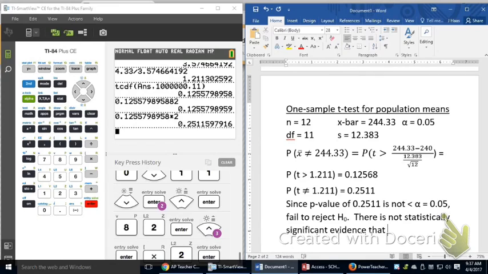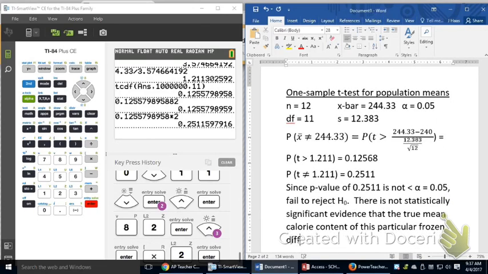So in the context of this problem, there's no statistically significant evidence that the true mean calorie content of this particular frozen dinner differs from 240 calories.